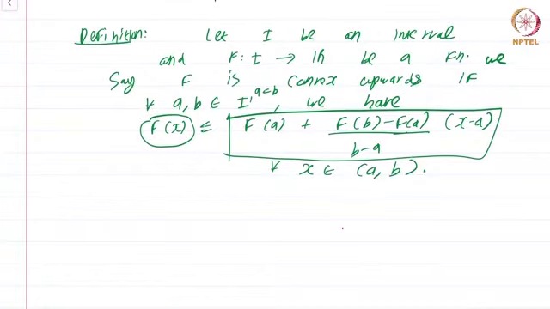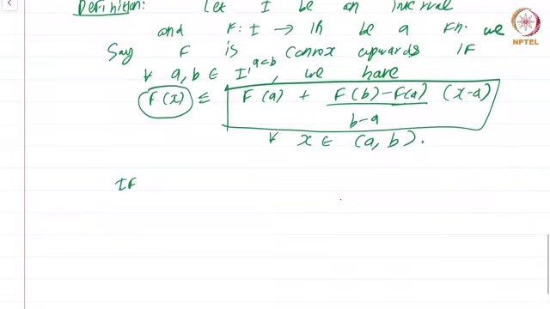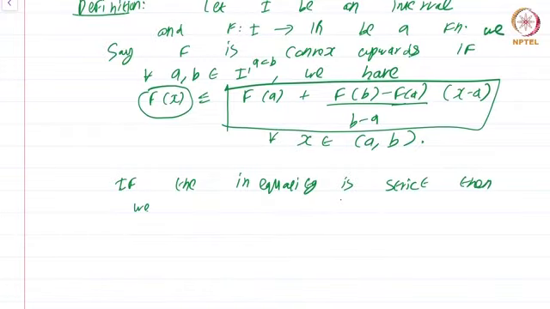Choose a, b in I such that a is less than b. This must be satisfied. If the inequality is strict, then we say strictly convex upwards.